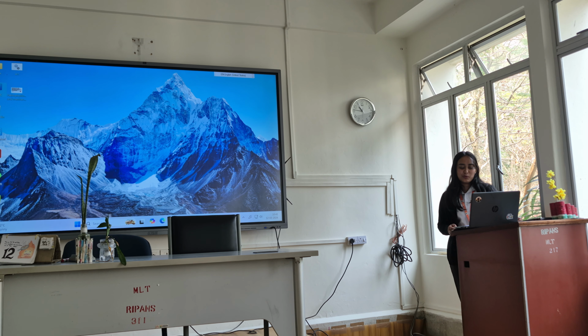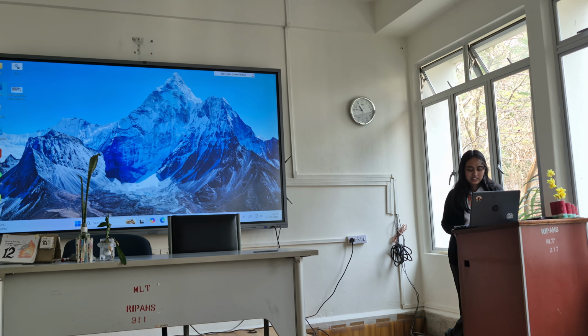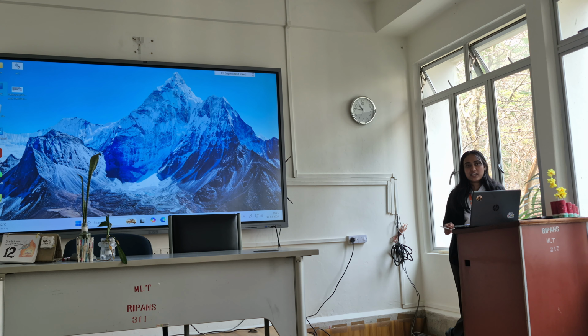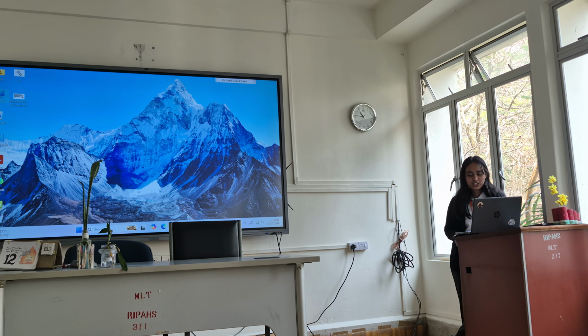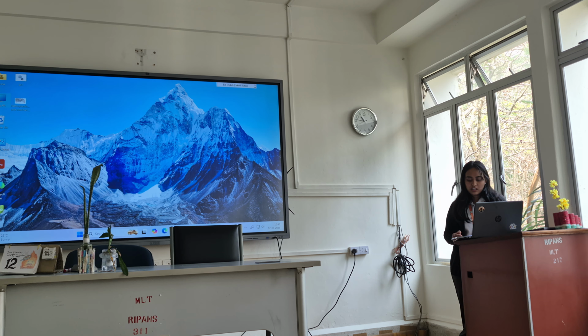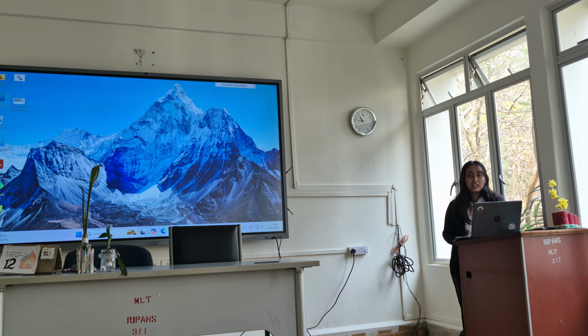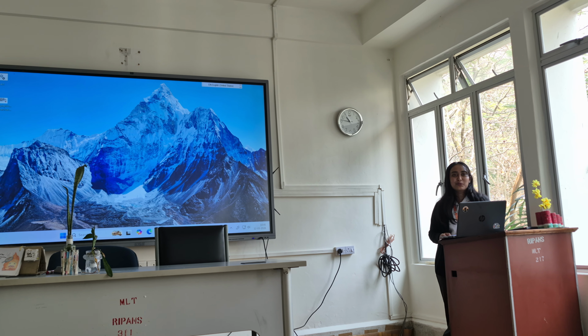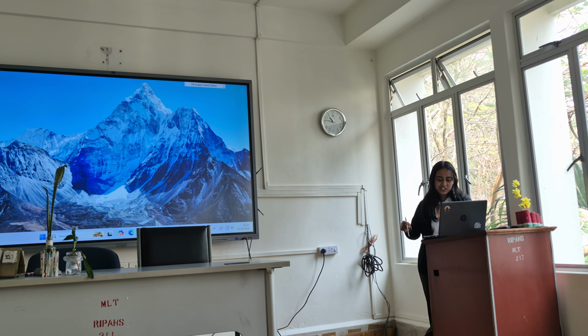Next, talking about non-immune hemolytic anemia, it is a type of hemolytic anemia where red blood cells are destroyed due to physical, mechanical, and chemical damage, not because of antibodies or immune reactions. In this condition, RBCs get injured or broken while circulating in the blood, which leads to early destruction and causes anemia.